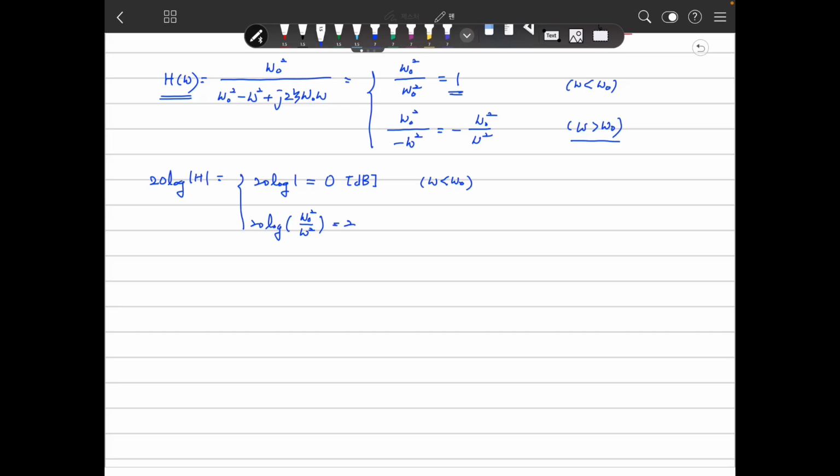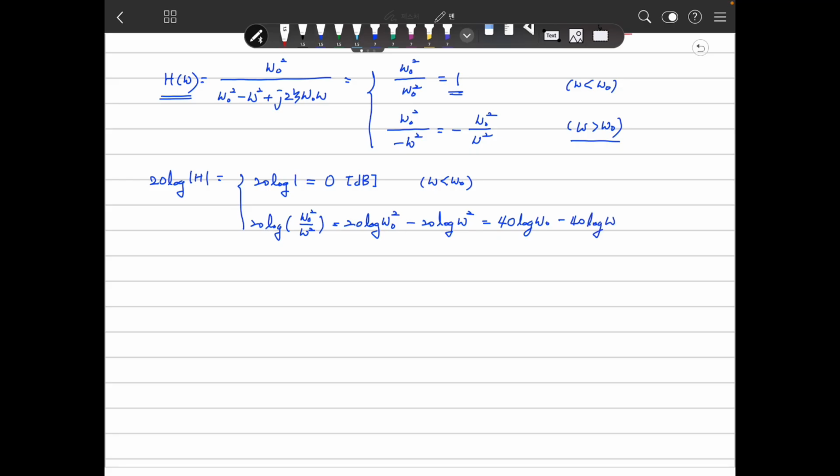So that will be 20 log omega 0 square minus 20 log omega square, which is 40 log omega 0 minus 40 log omega.